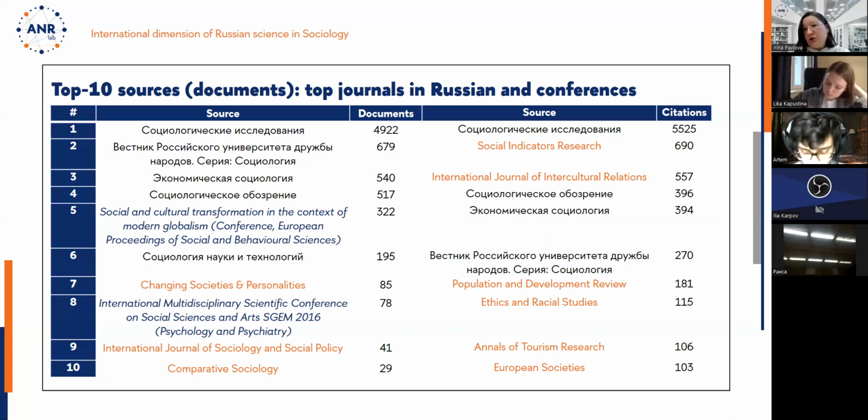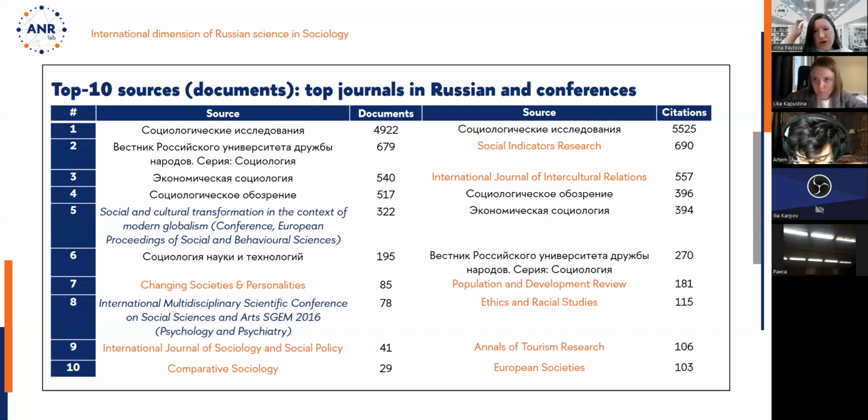This was actually the spillover effect of the 500 project, Проект 500, when everybody tried to publish whatever it was possible to publish, and we witnessed quite a significant proportion of proceedings published in English.